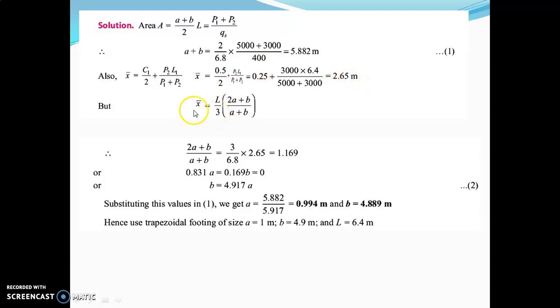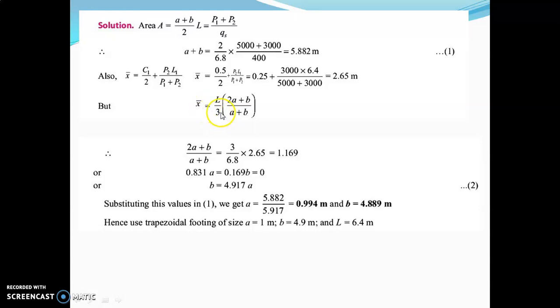Now, for trapezoidal footing, X bar is equal to L divided by 3 into (2A plus B) divided by (A plus B). Now we have the X bar value. So 2A plus B divided by A plus B is equal to this.